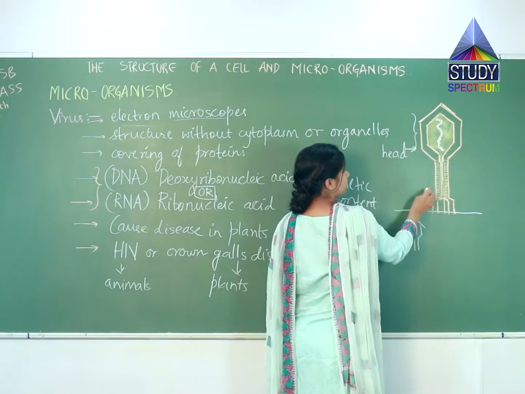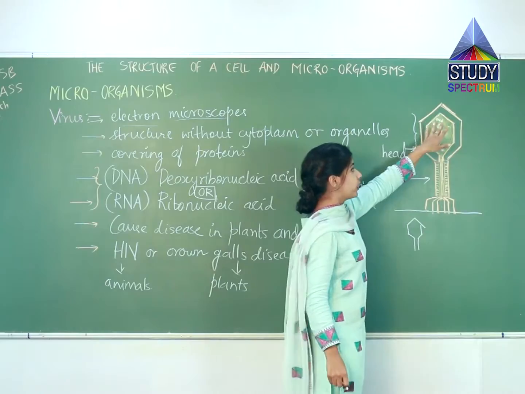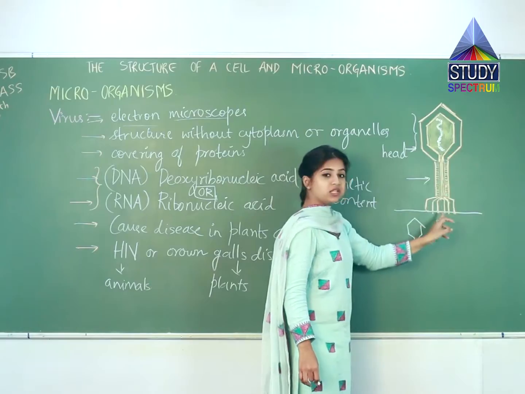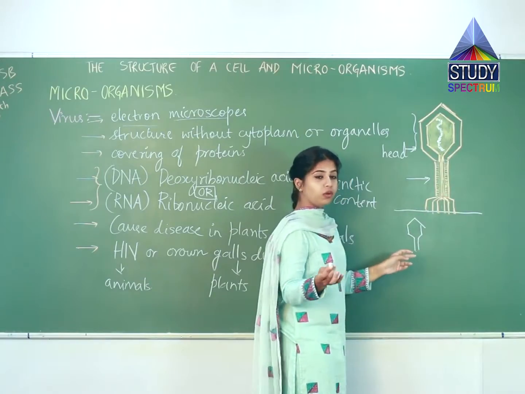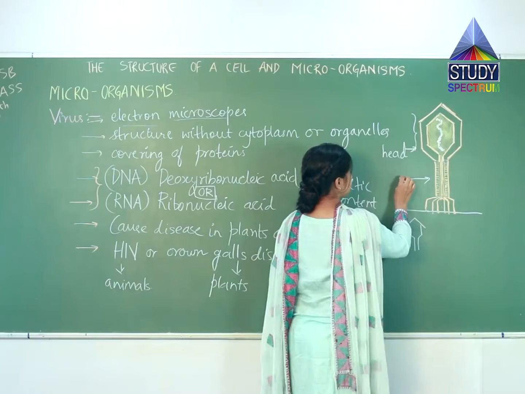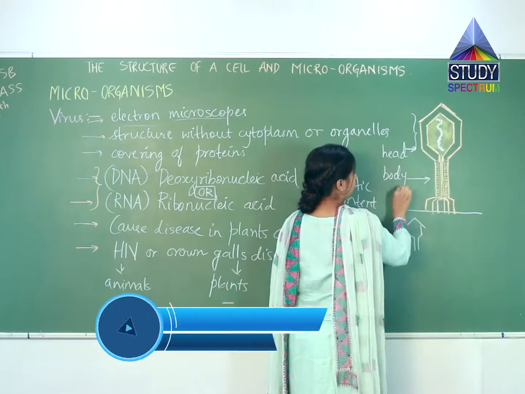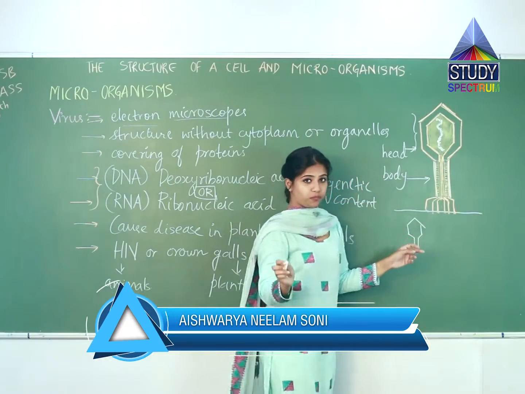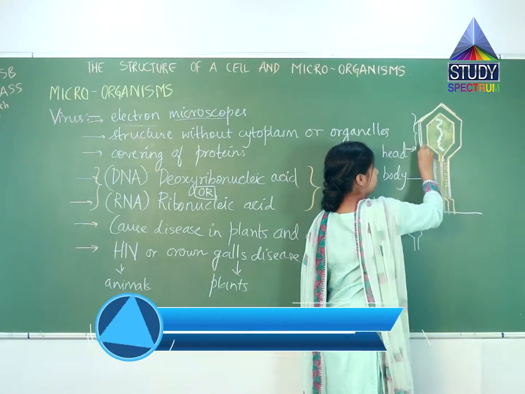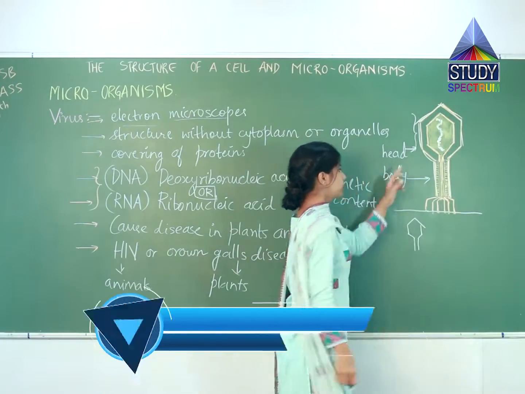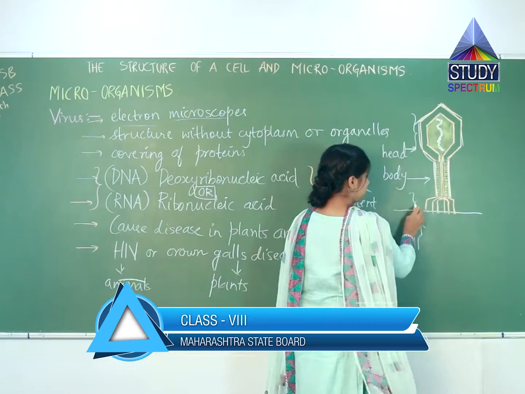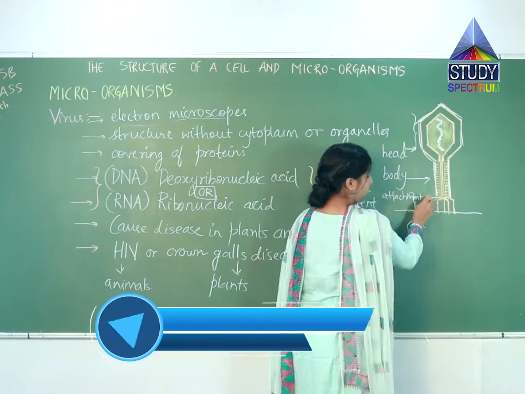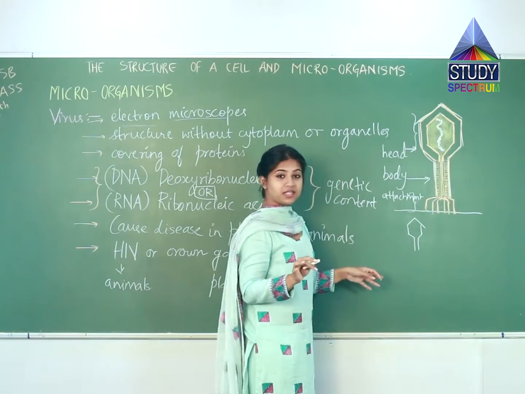This is its body, through which, once the attachment is made, the genetic material goes down and is introduced into the target cell. This long tubular part is the body of the virus, whereas this is the head, and this is used for the attachment. Its structure is really fascinating, isn't it?